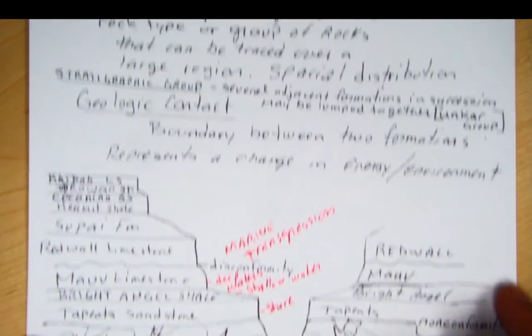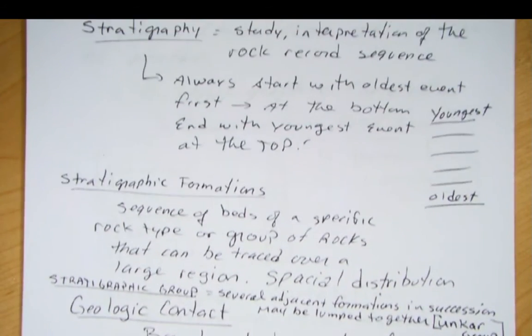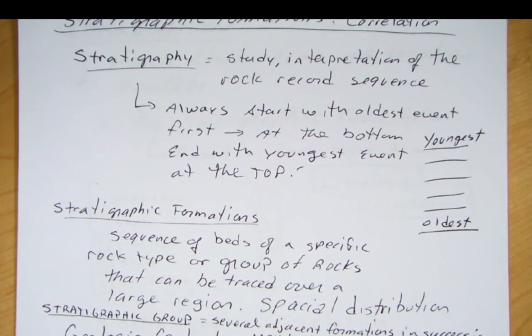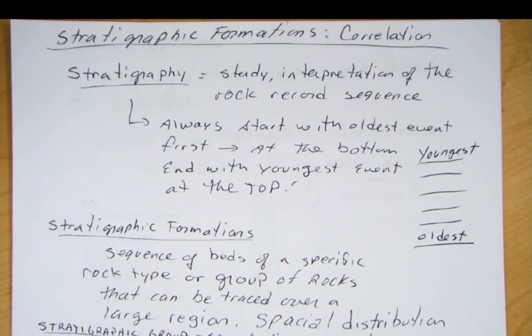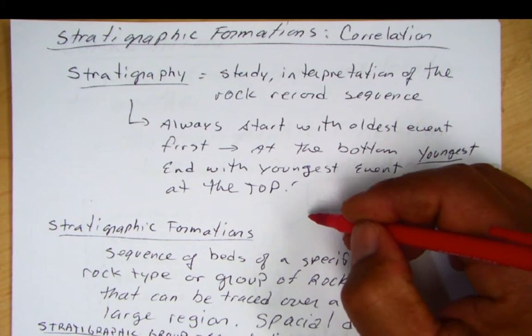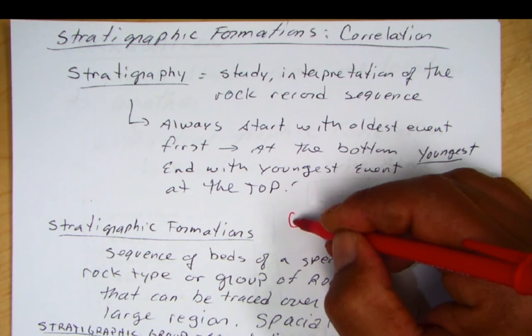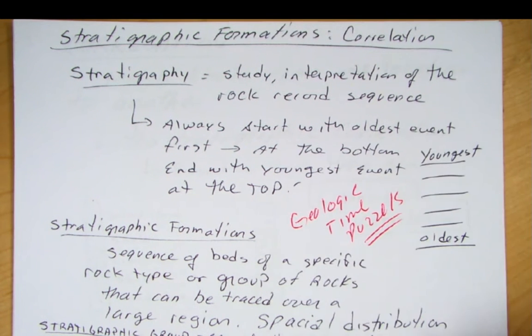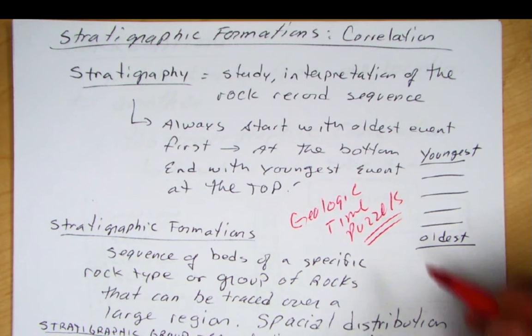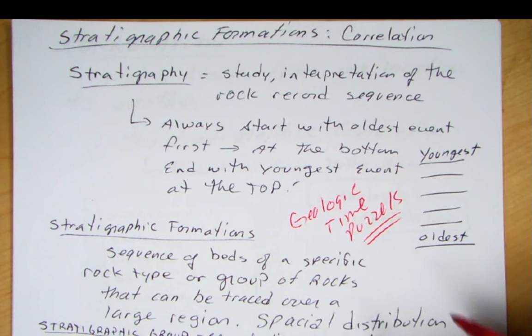Now, going back to the top and thinking about our stratigraphy and correlation, which I'll do in a moment, first I want to do something called these geologic time puzzles. What these geologic time puzzles require is that we use the principles of relative dating, superposition, cross-cutting relations, and inclusions, to determine the order of events, the stratigraphy.